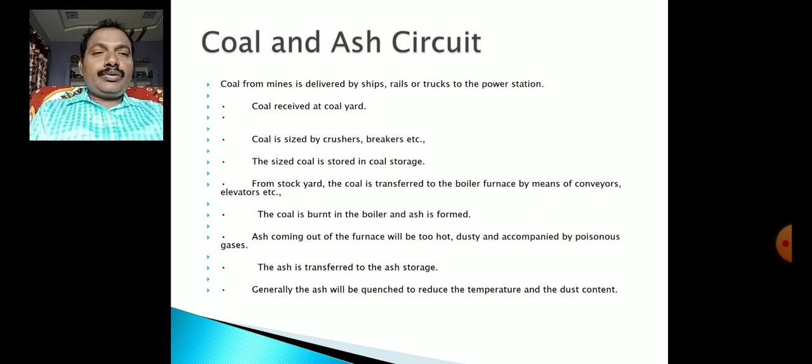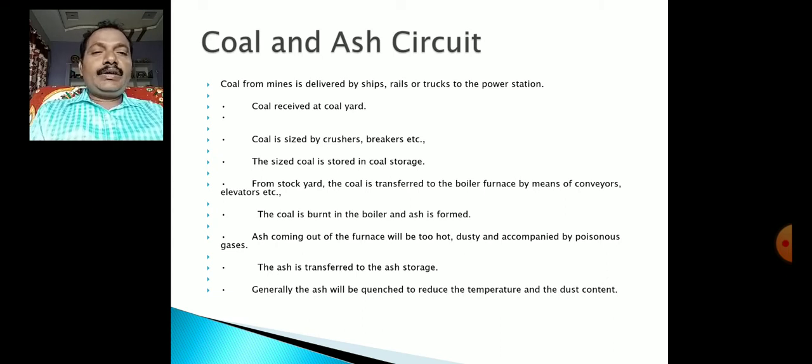After that, the coal is suitably sized by crushers and breakers. These are the machineries which will appropriately size the coal that is received. After that, the sized coal is stored in coal storage. So from the coal yard, the sized coal goes to the coal storage area.